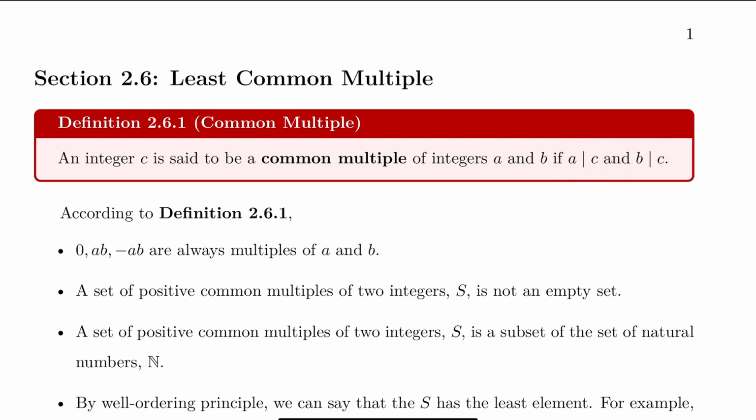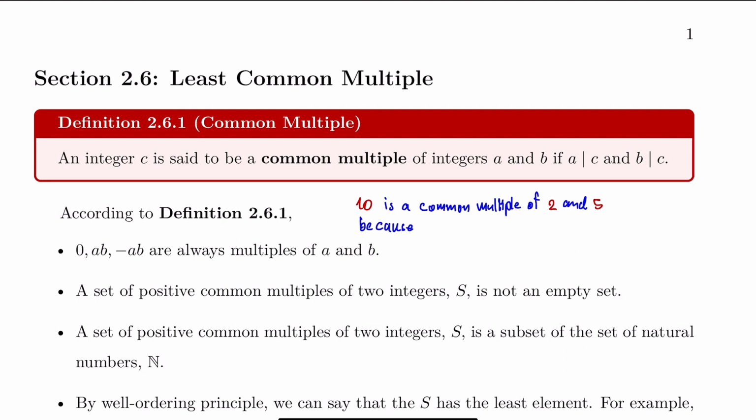For example, 10 is a common multiple of 2 and 5. Why?